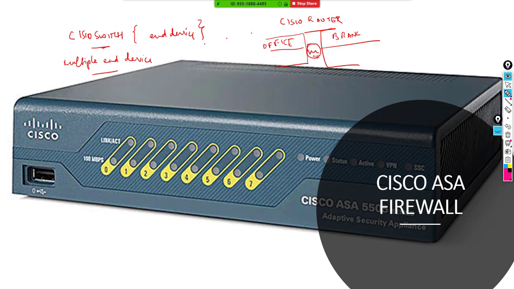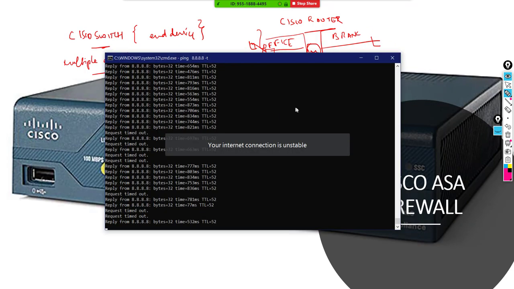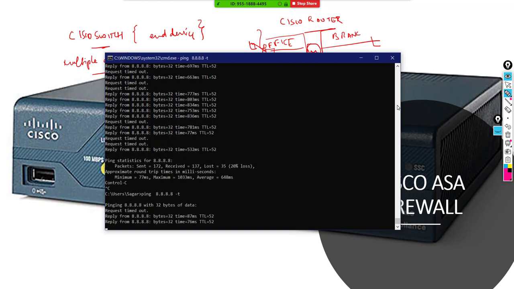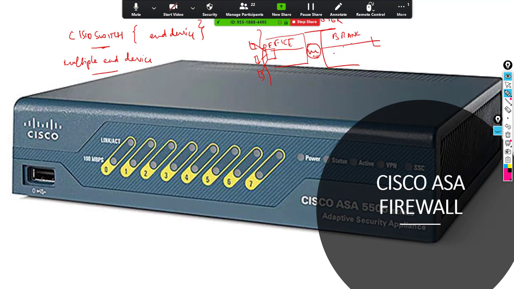And what is the work of a switch? Let's say I have a Cisco switch here. A Cisco switch will be used to connect multiple end devices, like printers, IP scanners, computers, laptops, anything. These are all part of end devices. And on the other side also you have a Cisco switch, which will be connected to multiple end devices.